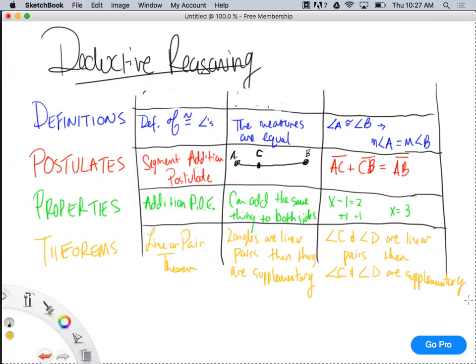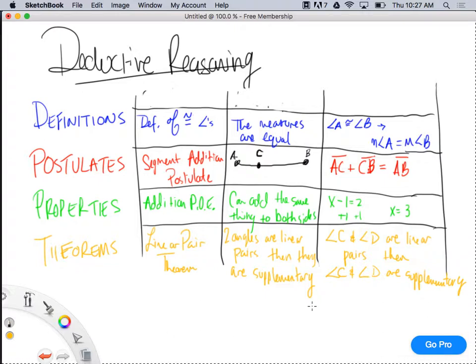That makes sense? You guys understand that? Two angles are linear pairs, then they are supplementary. If two angles are linear pairs, then they are supplementary.